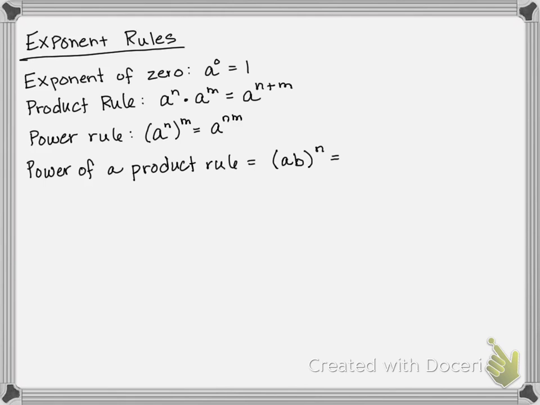If you imagine lining up, just like on number 2 here, that's 5 factors of negative 2x, which gives me 5 factors of negative 2 and 5 factors of x, because of the commutative property.